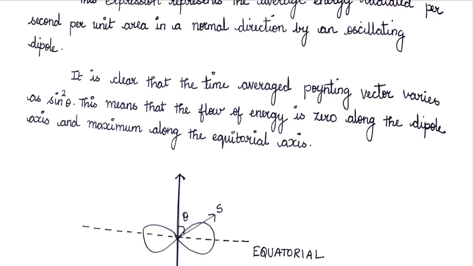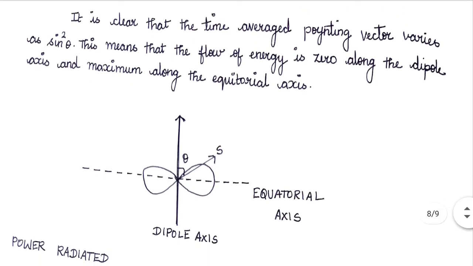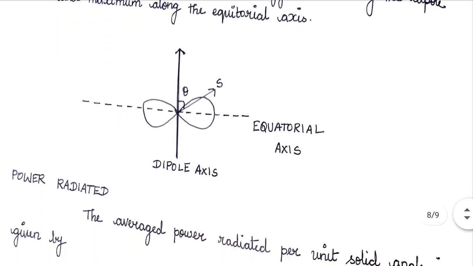The time average Poynting vector varies as sin square theta. This means that the flow of energy is 0 along the dipole axis and maximum along the equatorial axis. Along the dipole axis theta is 0, so sin becomes 0 and the average energy also goes to 0.